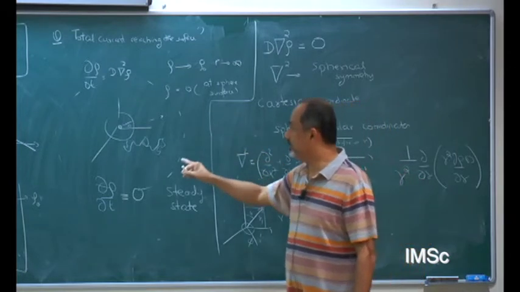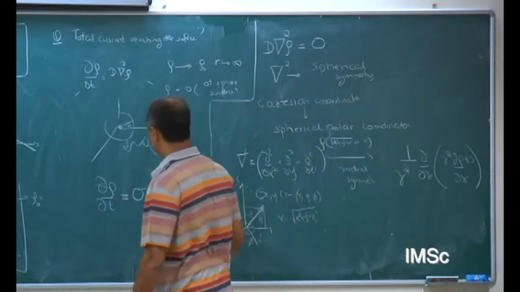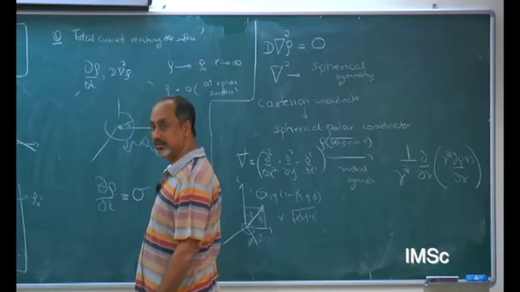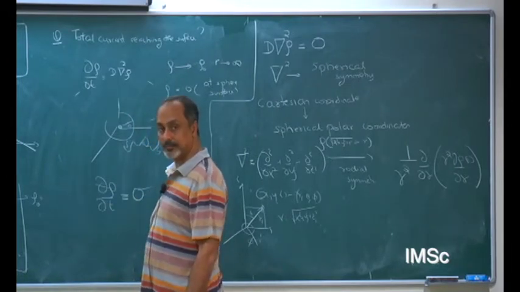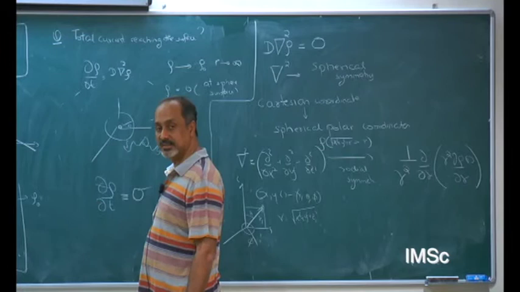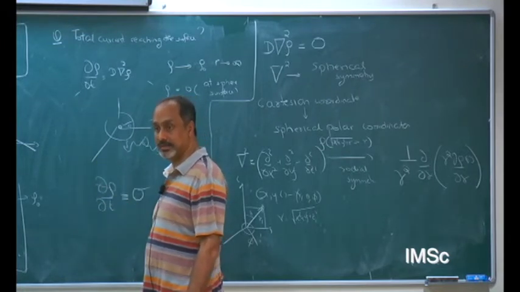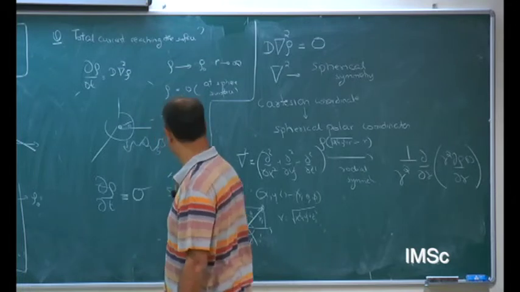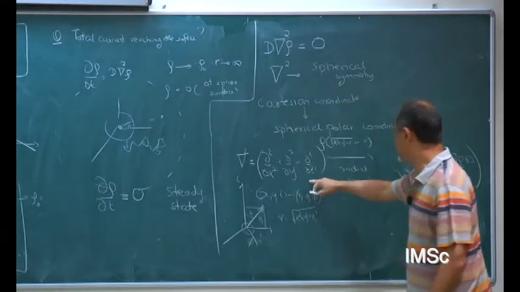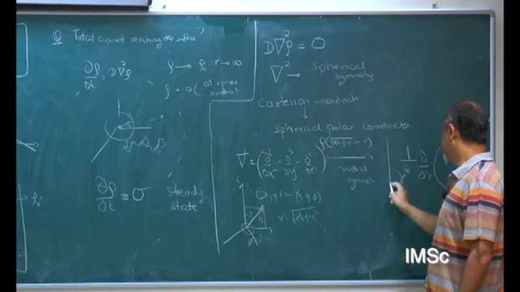Because of the way we've set it up, with a sphere at infinity, I have fixed the density. Nothing depends upon theta and phi. Everything depends only upon r.